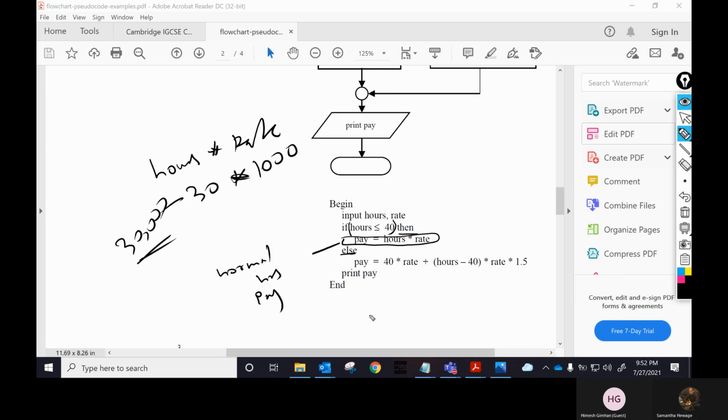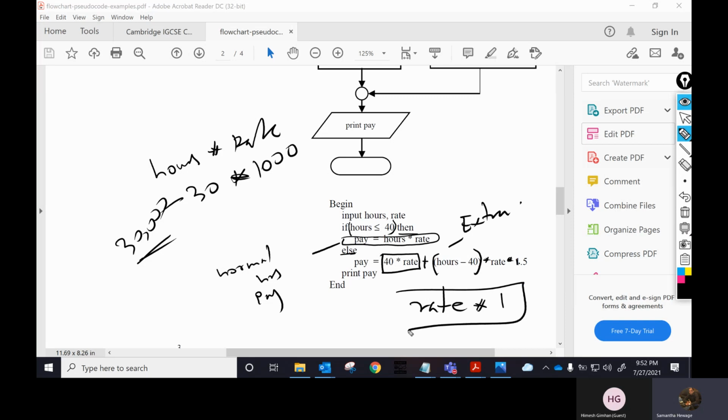Pay equals 40 into rate. This is for 40 hours. Then plus, again hours minus 40. This is for finding the extra hours. Then again rate into 1.5. You know, any value multiplied by 1 gives the same value.